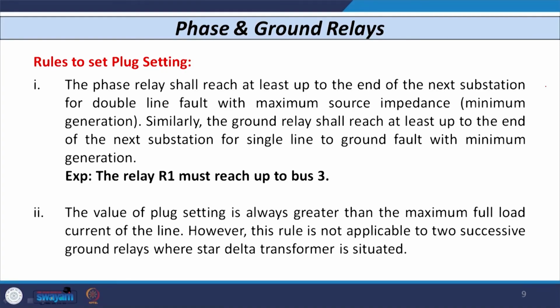However, this rule is not applicable for ground over current relays when two successive ground over current relays are connected and in between them there is a star delta transformer. We will see later why this rule is not applicable. Phase relays are connected across the secondary of line CTs, whereas ground relays are connected in the residual circuit of 3 line CTs.